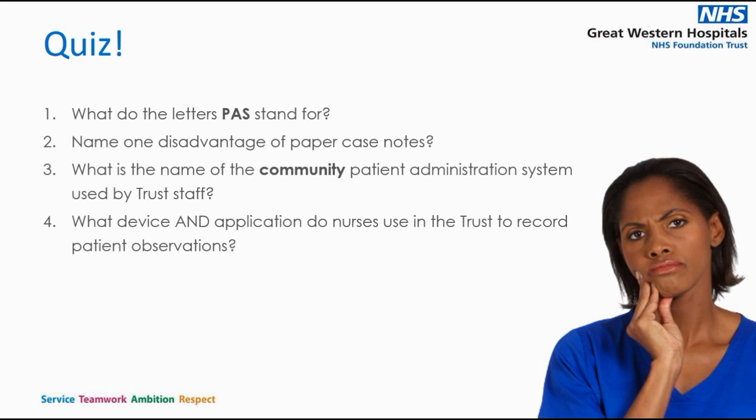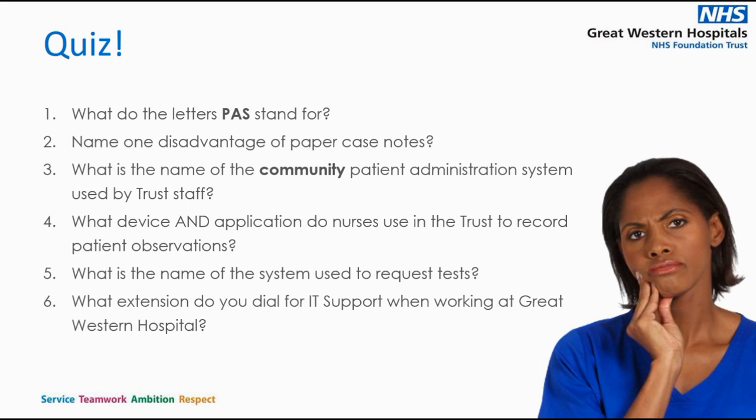Question 4. What device and application do nurses use in the Trust to record patient observations? Question 5. What is the name of the system used to request tests? And question 6, which will become second nature to you when you start at the Trust, what extension do you dial for IT support when working at Great Western Hospital?